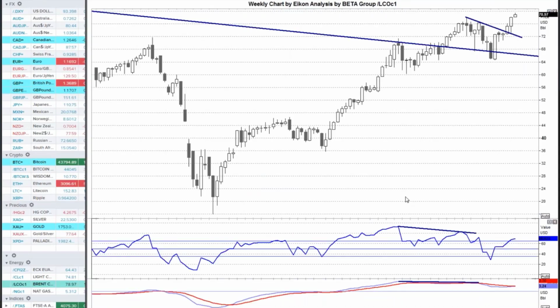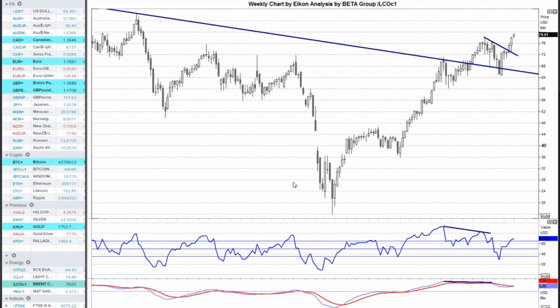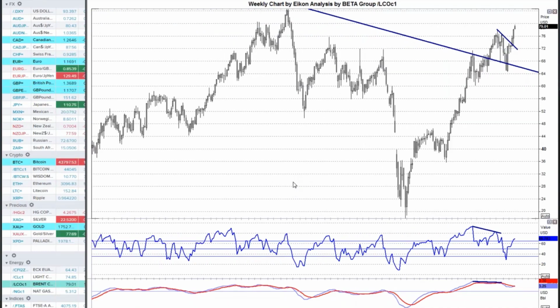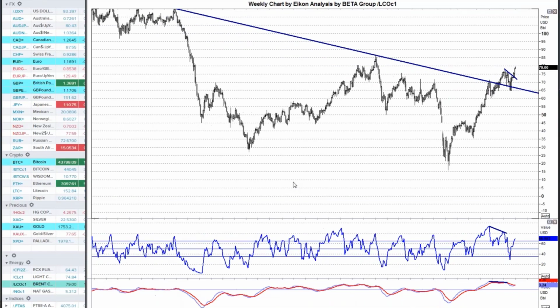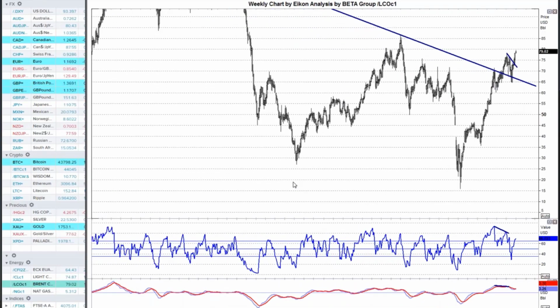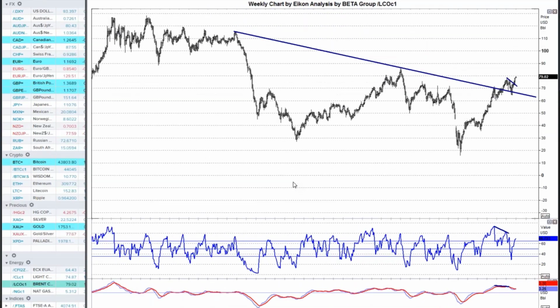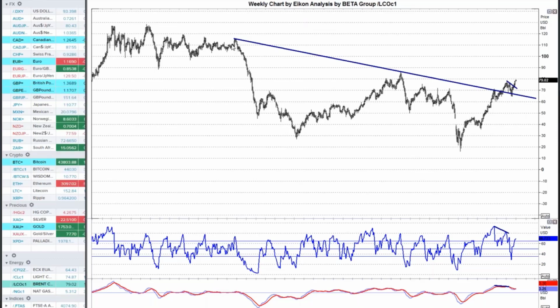But let's look at the weekly chart here, and I'm going to bring in a lot more data to show you the significance of this move. Look at this, how far back we have to go to do this. So this line here should extend. I'm sorry, it didn't extend.